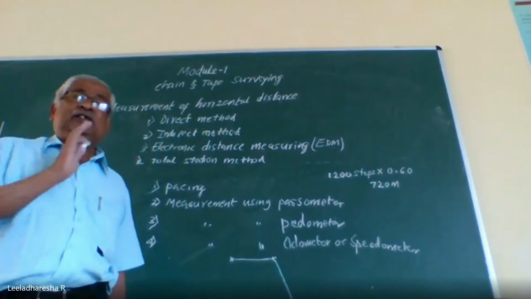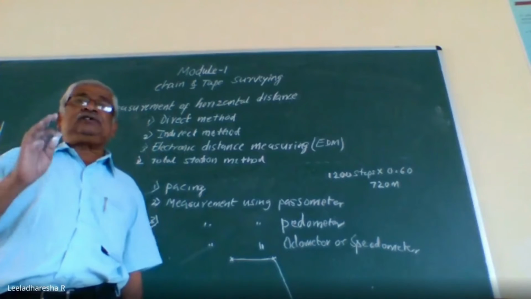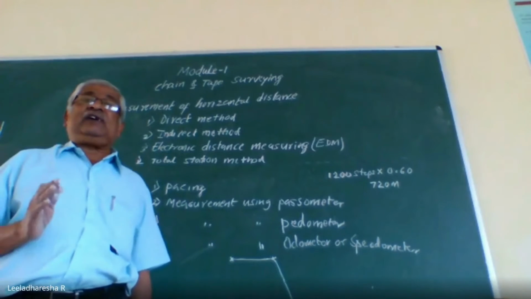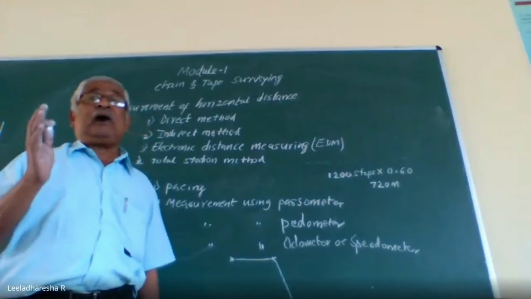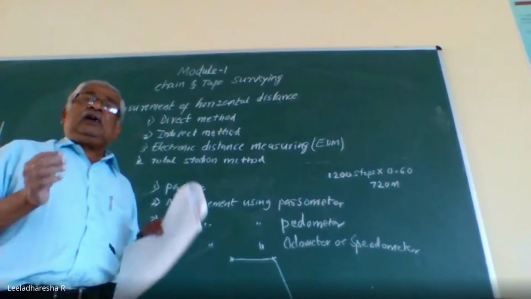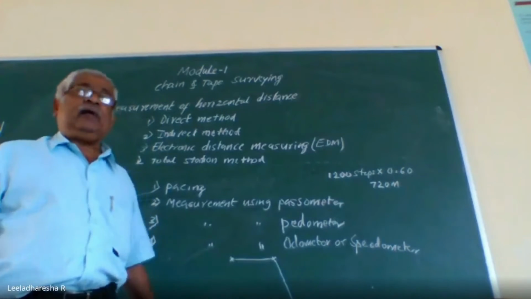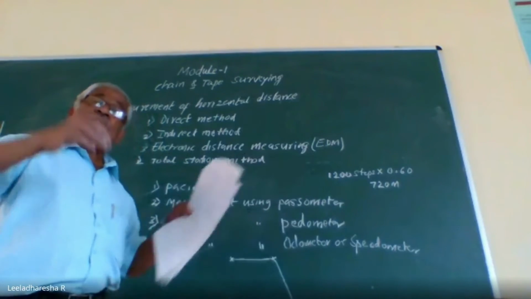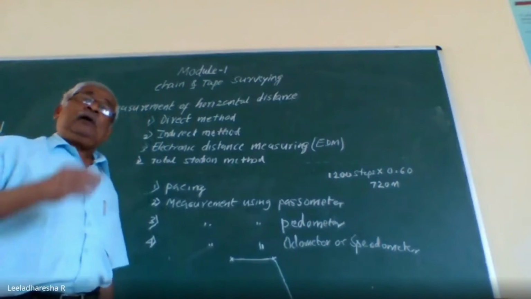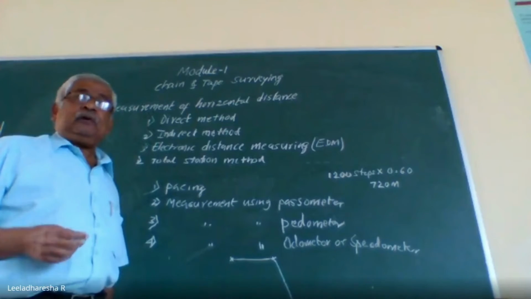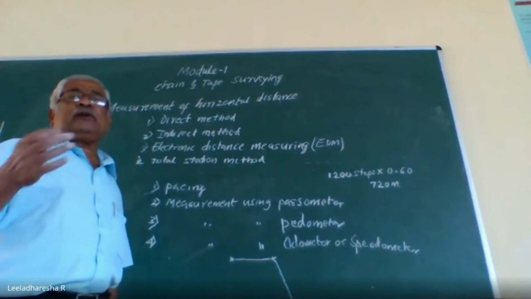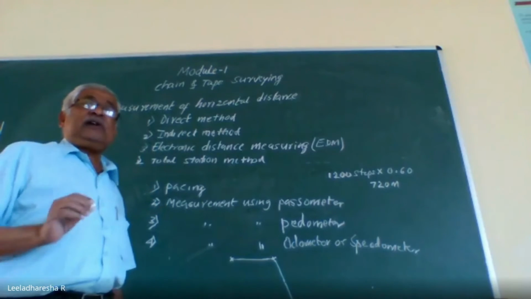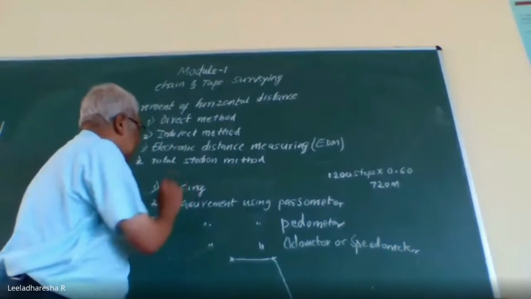So, this basic method is adopted generally in case of reconnaissance survey to fix the scale for which a map has to be formed. Because if I blindly fix some scale, everything may come out of the sheet or some additional sheets may have to be added to that, which increases your work in the field. Therefore, to fix suitable scale, this basic method can be adopted.